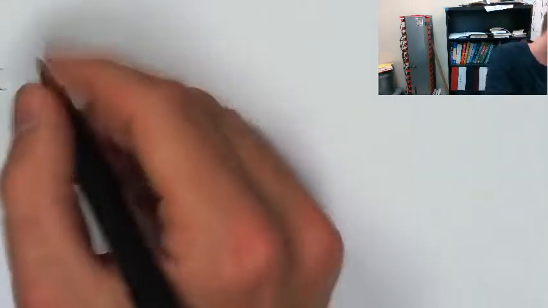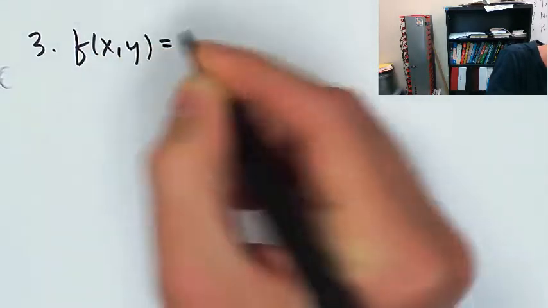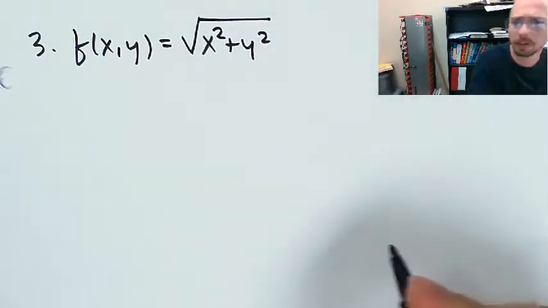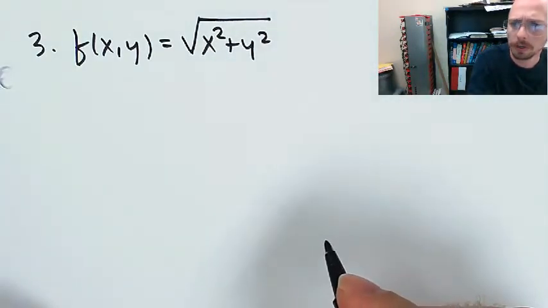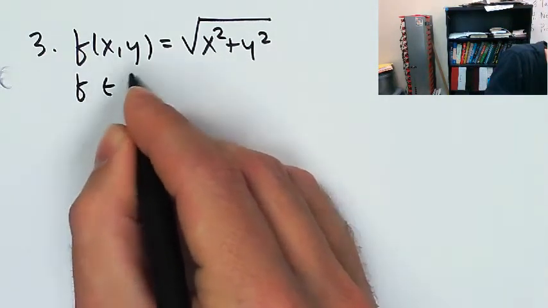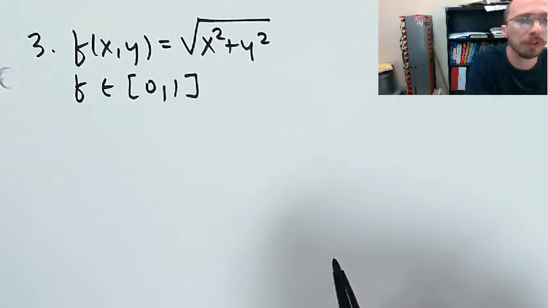All right. Number 3, find the area of the surface defined by... I'm not sure I like the look of this one, but over the region where f is between 0 and 1. So we're going to have to do some work to figure out this region.